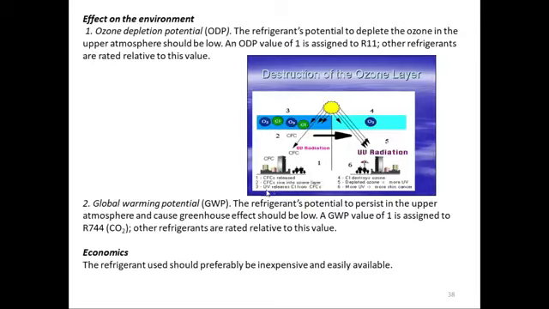Then in the upper atmosphere, it reacts with the UV rays, and the UV rays break it up and the chlorine atom gets separated. This chlorine atom acts with the ozone gas, which is an oxygen molecule with 3 oxygen atoms in it. It reacts with it and breaks it down to O2. So it damages the ozone layer and makes a hole in it.